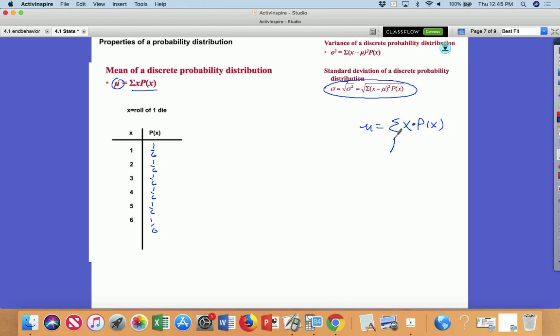So you think I should do addition first, or do you think I should do multiplication first? So let me do this. Is this different than this? Yeah. Here it would be saying find the sum of the x times the sum of the p of x. Here this is saying find the sum of the product. So I want you to find the product first of each x and its probability. Okay, so I want you to go and do this.